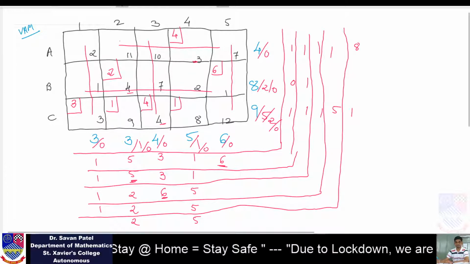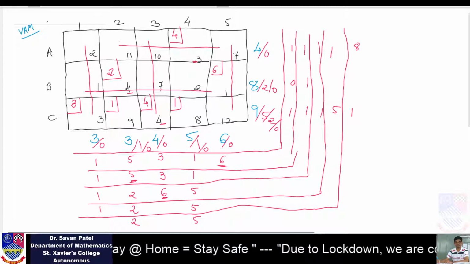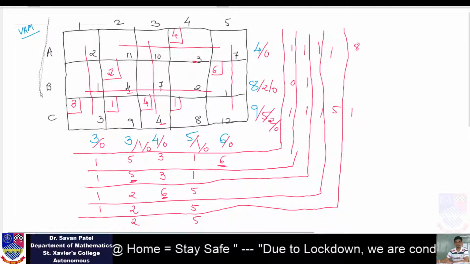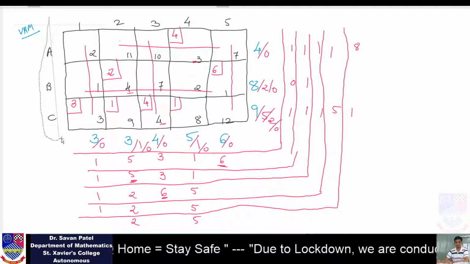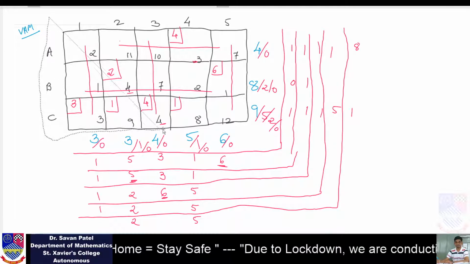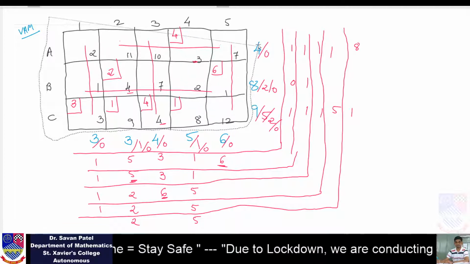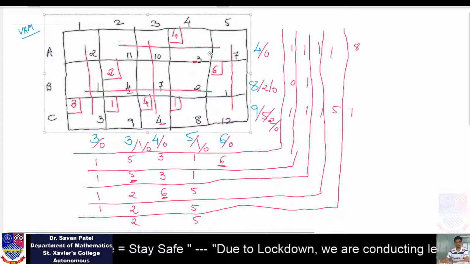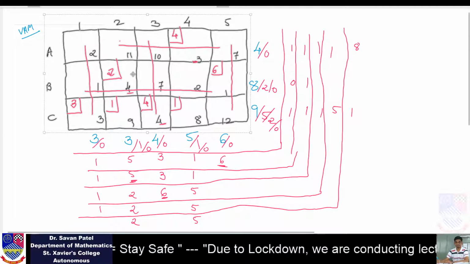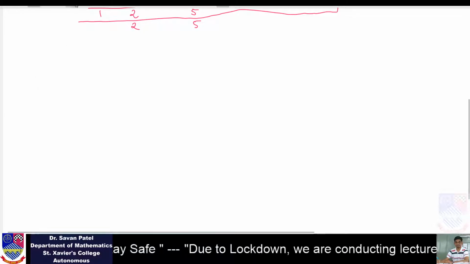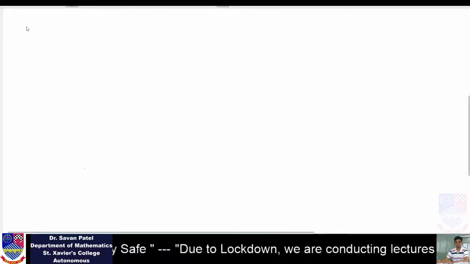I am keeping only this much part because this is enough to explain our final situation. So I am keeping just this allocated table and the allocation values with me. The rest I am not keeping. So I am copying this and pasting it here.